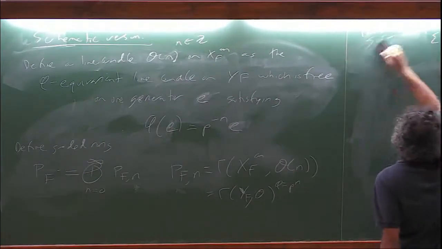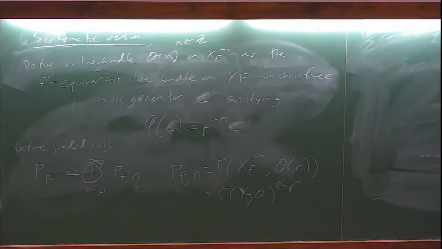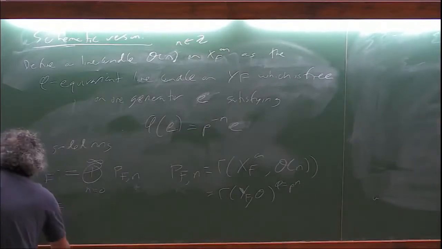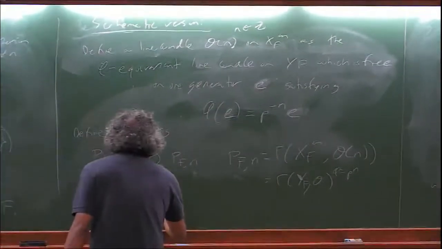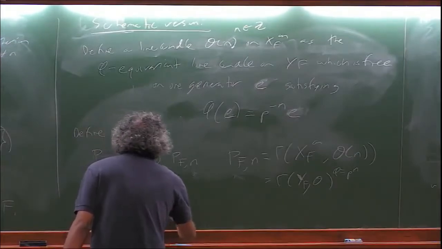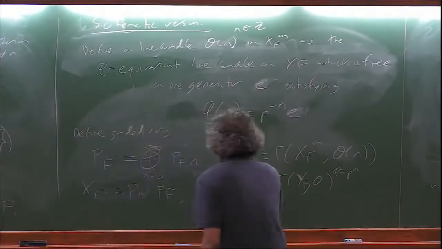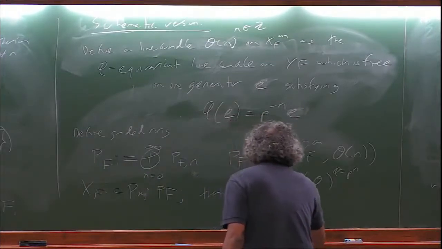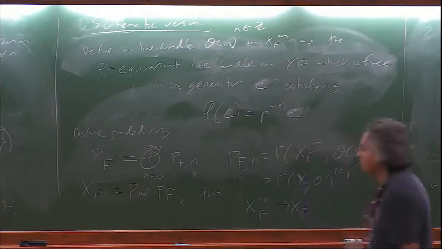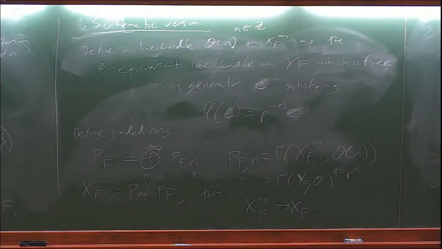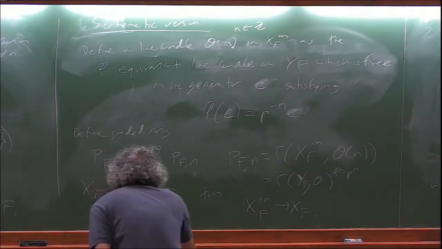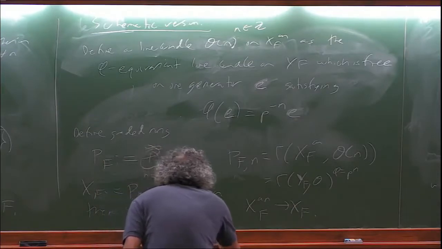Okay, so a priori, formally, it's not clear whether this has anything much to do with the original thing, but if I now define X_F to be the Proj of this graded ring, then there is a natural morphism of locally ringed spaces from X_F^ad to X_F.